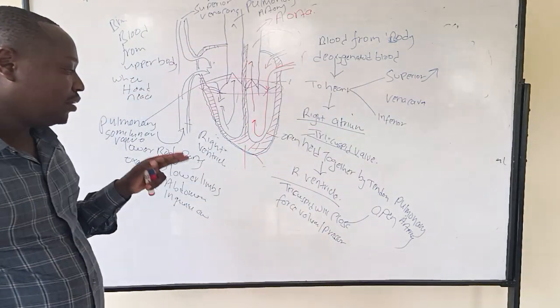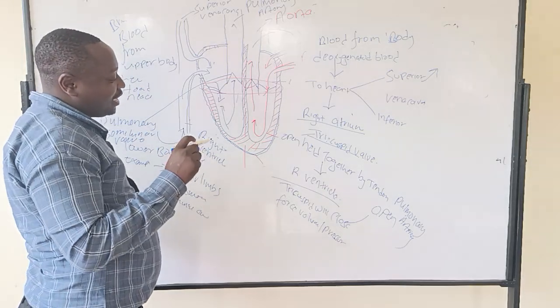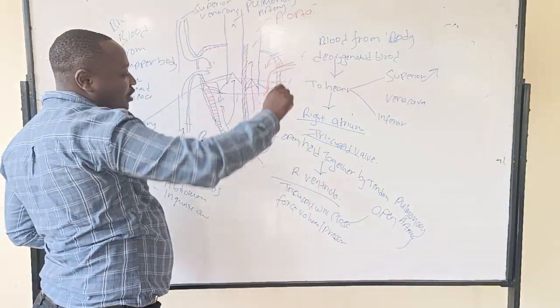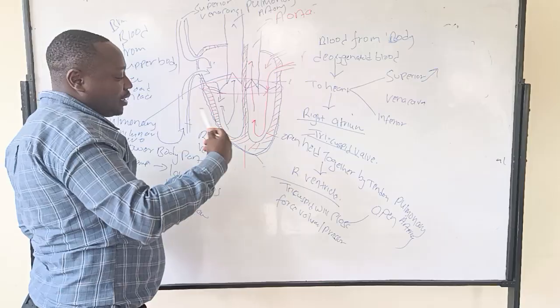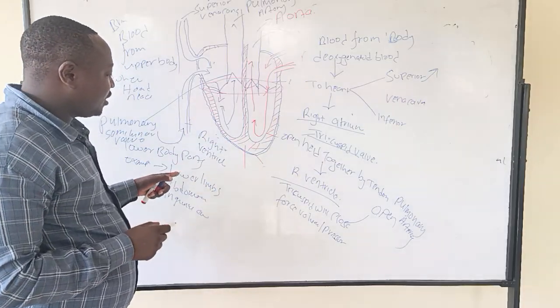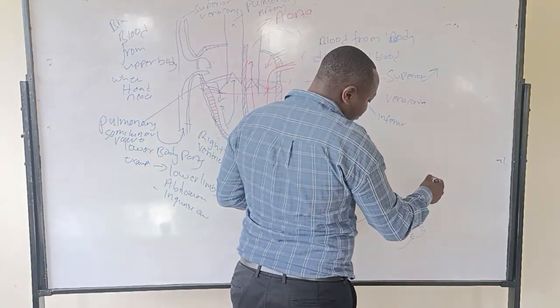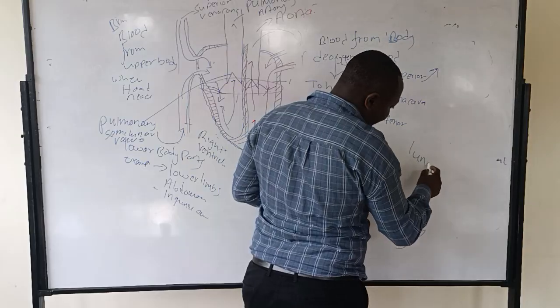The blood will flow to the pulmonary artery. Once the blood flows to the pulmonary artery, it will be forced due to the pressure of the heart, the right ventricle. It's going to force this blood to flow to the lungs.